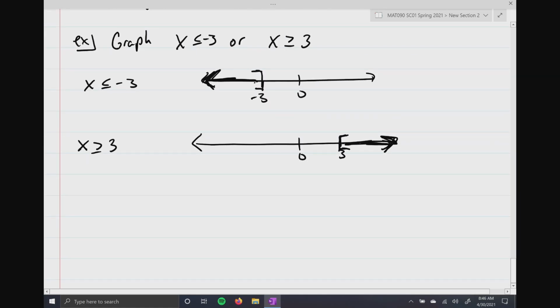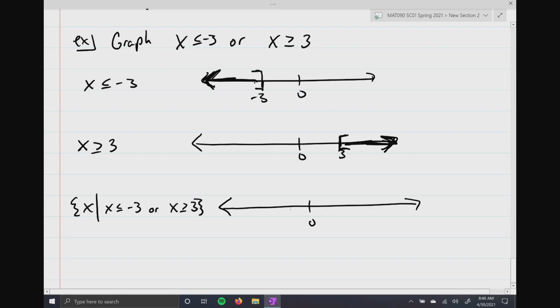Now, if I look at the solution, then what I'm going to do is take these two graphs and mush them together. I'm just going to write one on top of each other. Now, since this is an or statement, remember, we're only concerned with satisfying at least one solution.